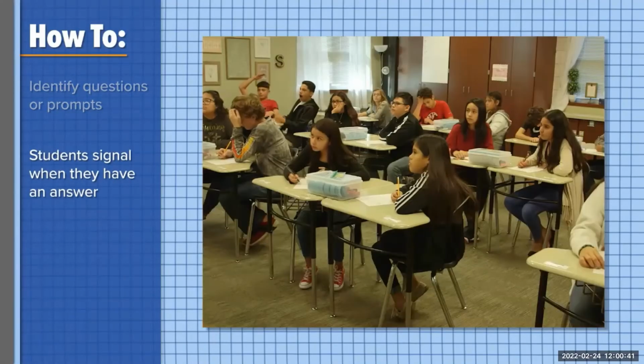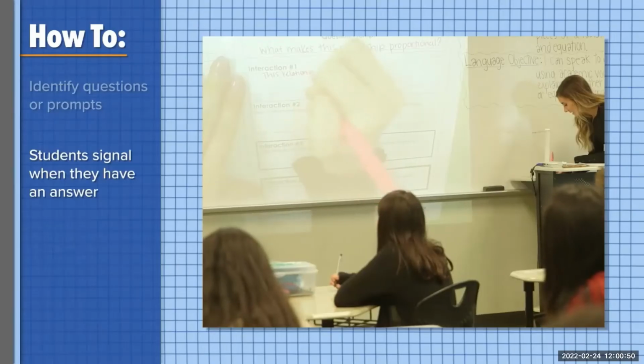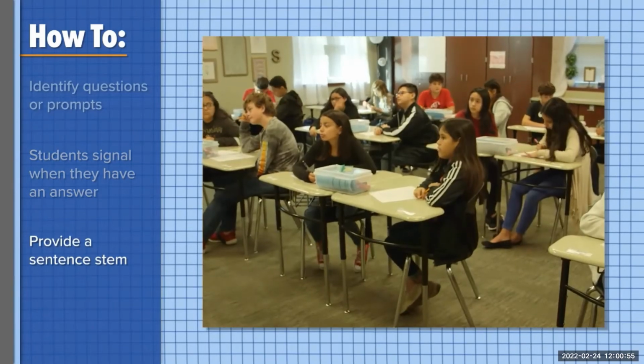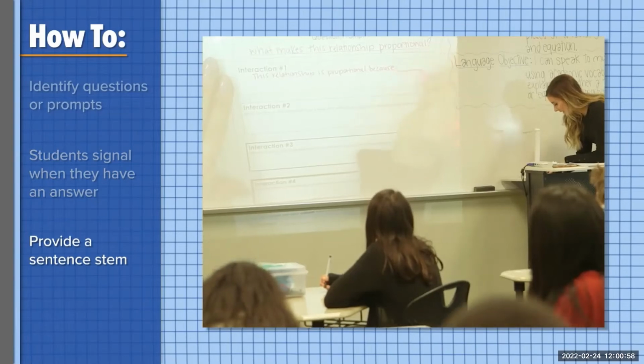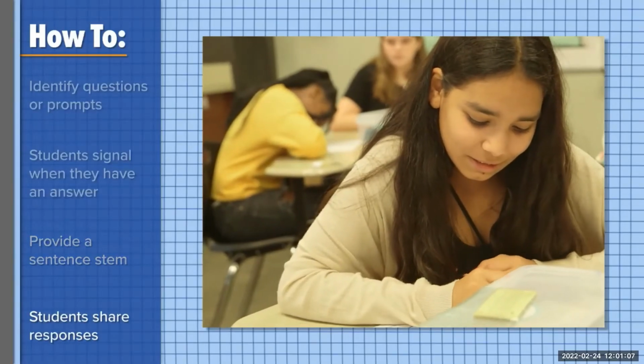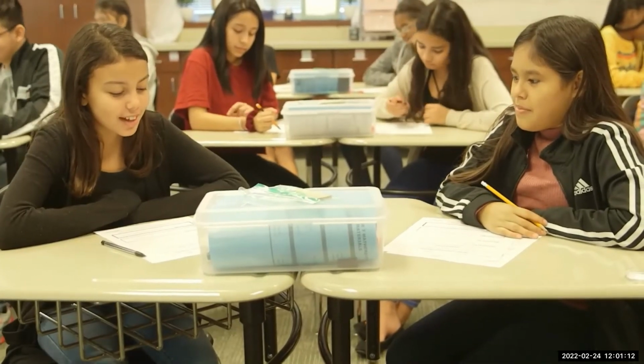I think the signal helps a lot just because that just gives them that extra time to really be thoughtful and not just wait for somebody else to raise their hand and give them the answer. This relationship is proportional because, and then you're going to fill it in. You provide a stem so that they can respond in a complete sentence and use the academic vocabulary. This relationship is proportional because it goes to an ordinal. This relationship is proportional because it has a constant of 28.